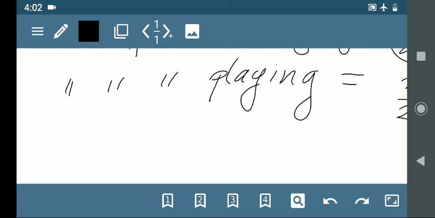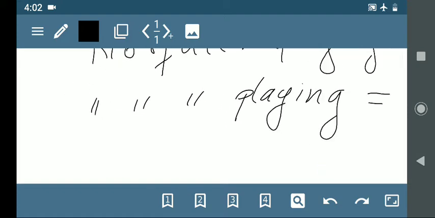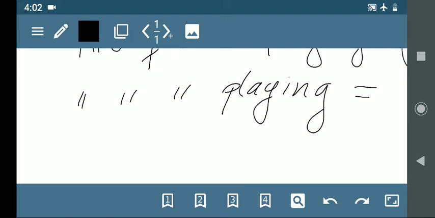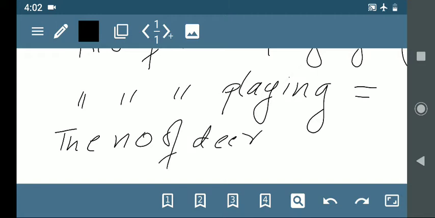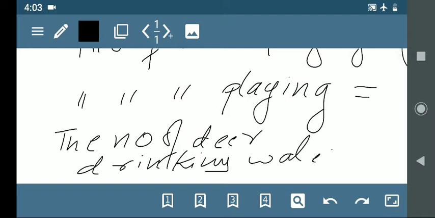Next, the rest, 9, means still there after 3 by 4 are taken, 9 are remaining. The 9 are drinking the water. The number of deer drinking water is equals to 9.